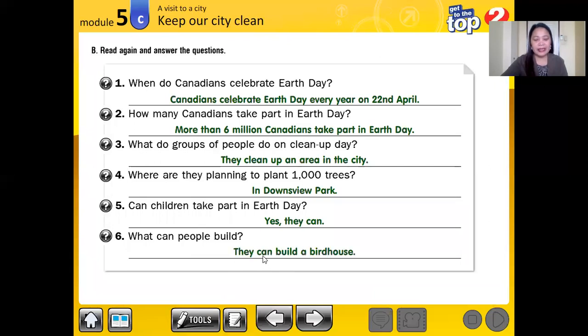They can build a birdhouse for the birds. So these are the answers to the questions based on the information about the Earth Day celebration in Canada. You have to take note of the answers to these questions.